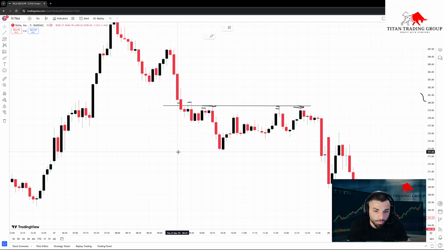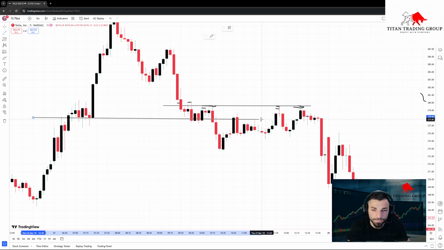And if we look at the previous history, we saw that as the stock was moving up, we encountered some sort of support. And then we got a beautiful breakout. So we draw this line here, and that's where we get the support area and this consolidation.